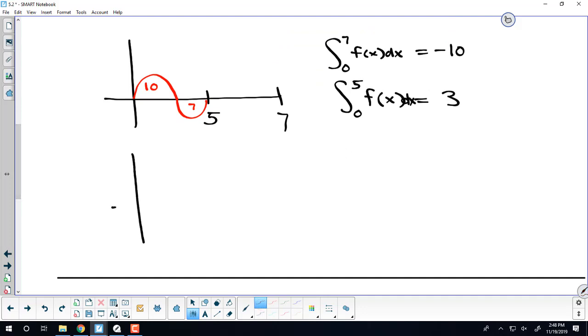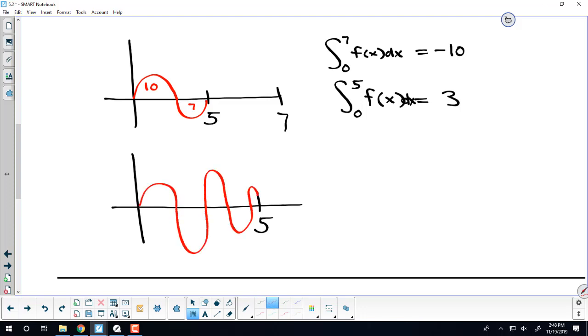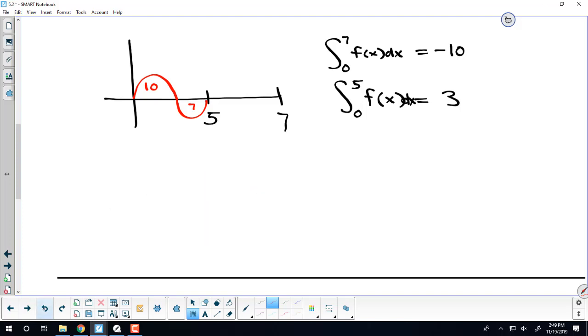Another scenario, even just from 0 to 5, could be a function that did something like this, and all of that could be 3. Does that make sense why we couldn't just take the 3 and the -10 and combine them and say that's the net area from 5 to 7? You can come up with any other scenario you want.